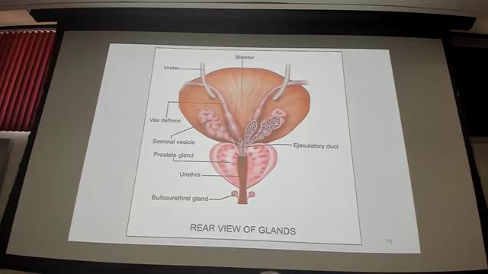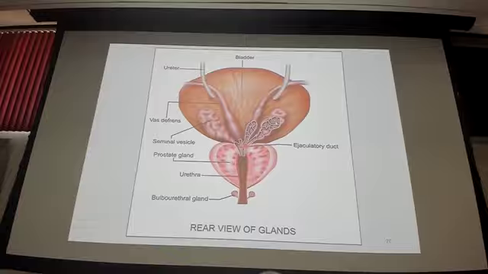So if we're looking at this again, these are the ureters coming down from the kidneys and the vas hooking over, widening out to become the ampulla, and then the seminal vesicles here, into this is the ejaculatory duct, this tiny little piece that's right before the prostatic urethra, right? So it's not technically a part of the urethra, it's a duct. That's why they call it the ejaculatory duct, okay?